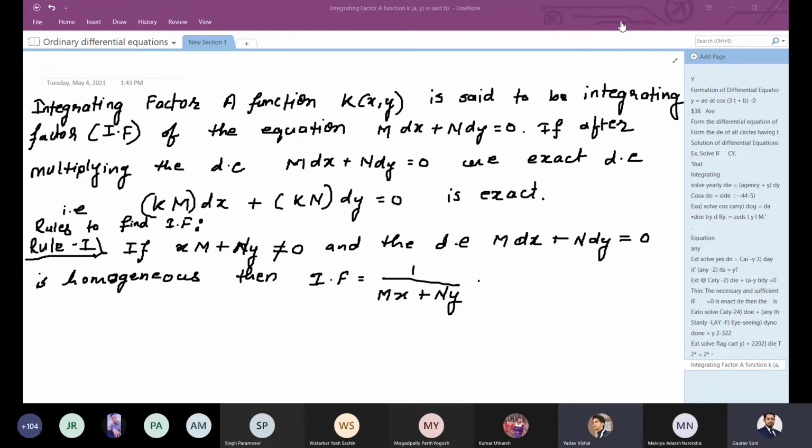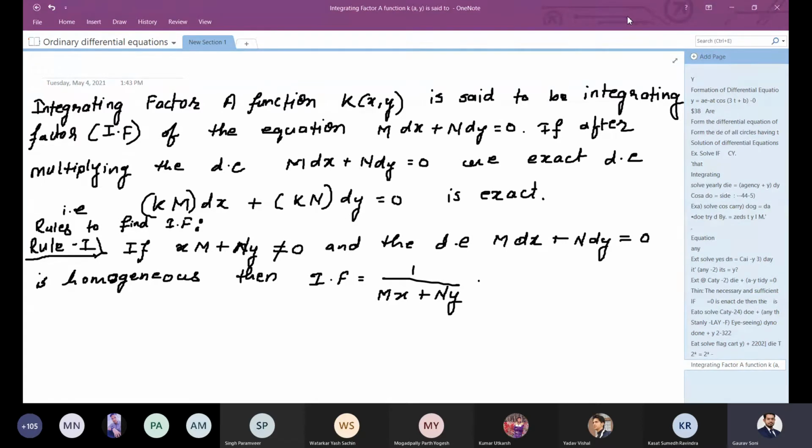Sir, M and N should have the same degree. Yes, very good. So, differential equations in which M and N are homogeneous and both are of the same degree. In that case, you will say that particular differential equation is homogeneous.